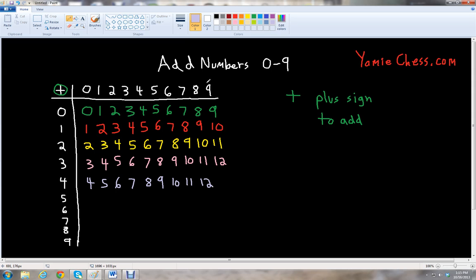And then we have 4 plus 9, the next number, 13. So we just keep getting one number larger at the very end as we go down the numbers.